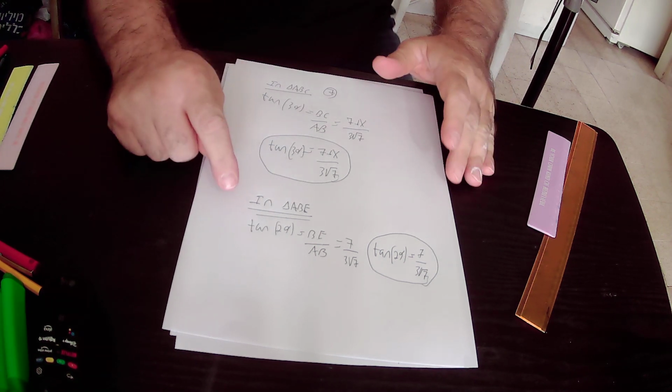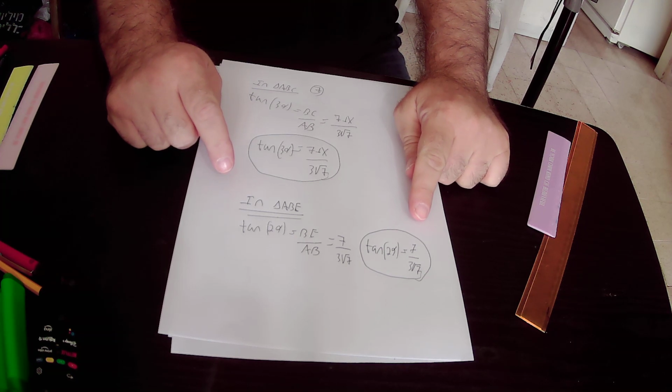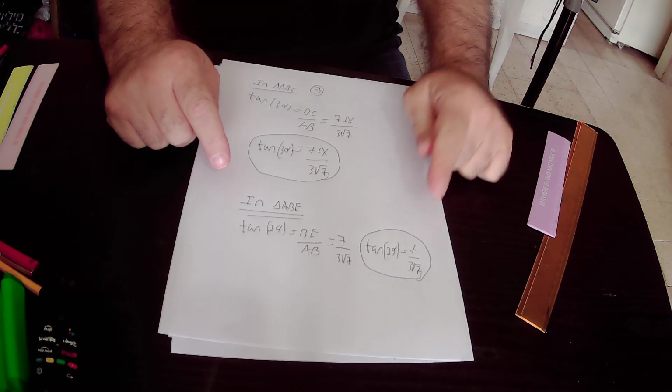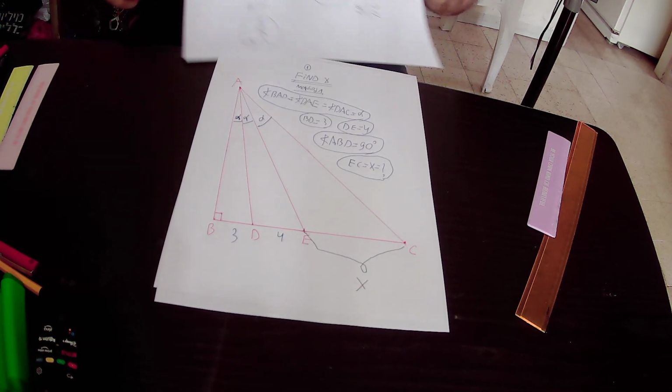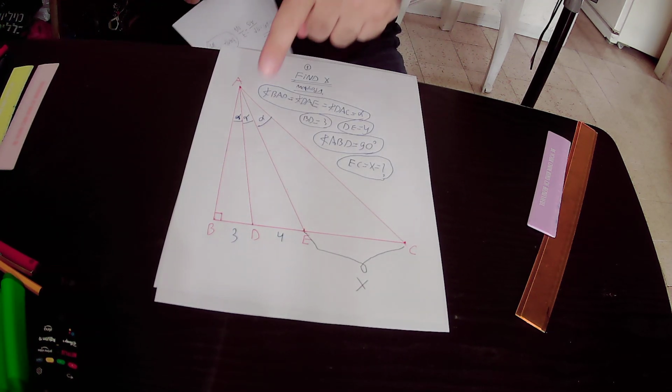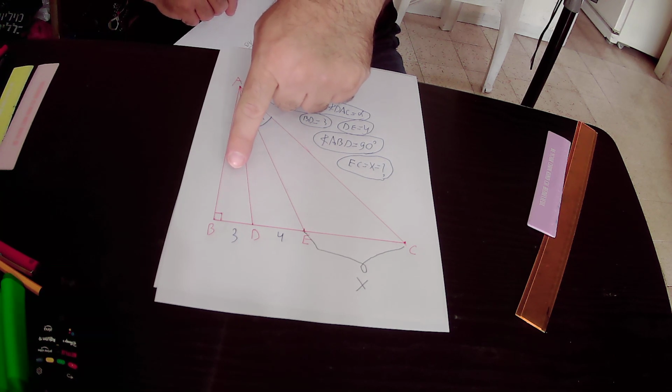Okay, tangent 2 alpha equals 7 over 3 times root 7. In the next step we will focus on the right triangle, triangle ABD.